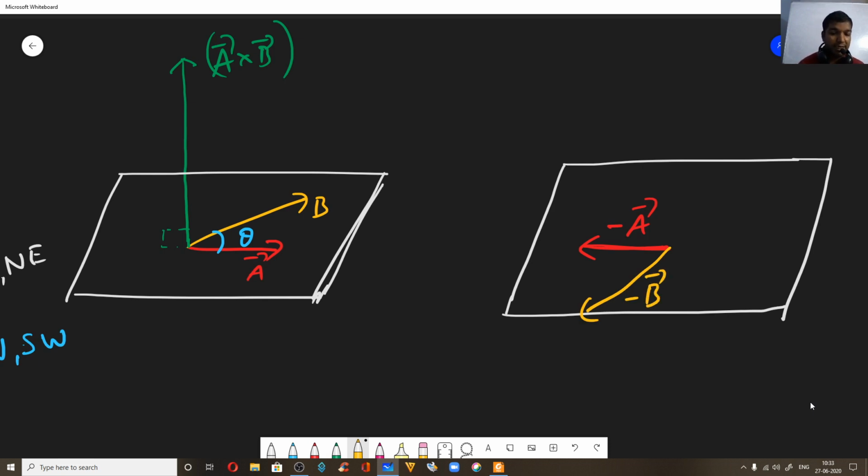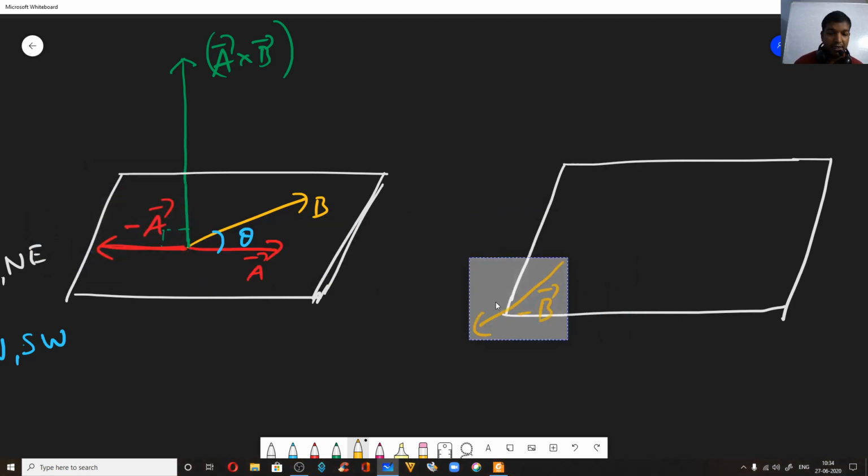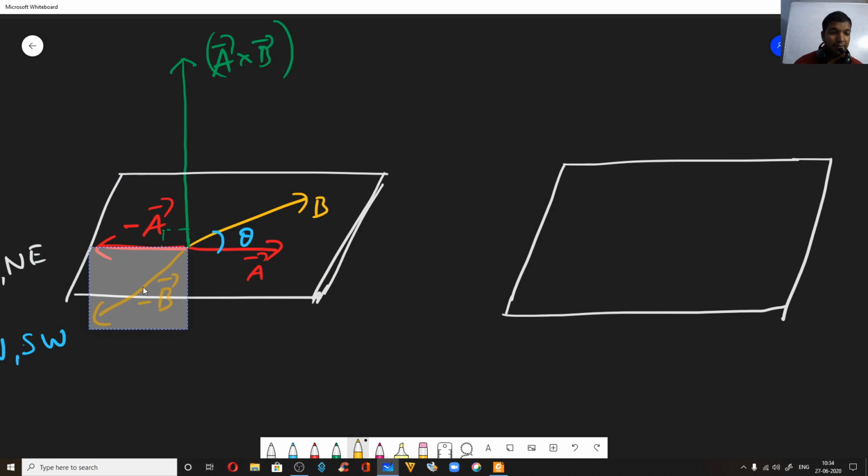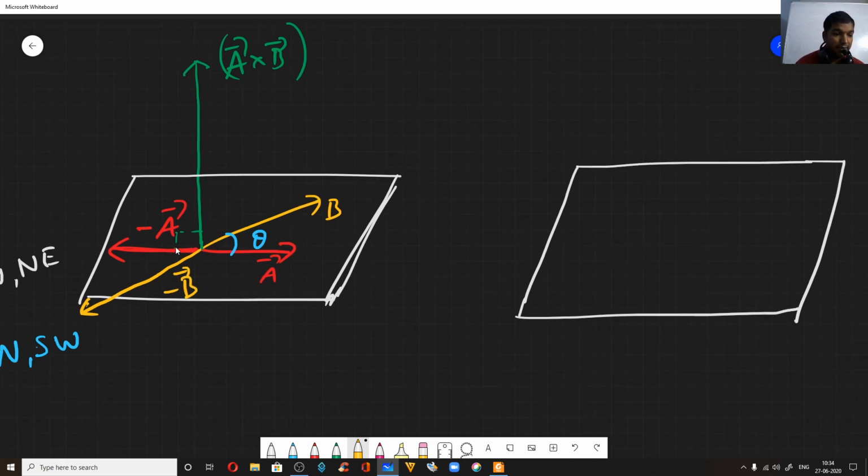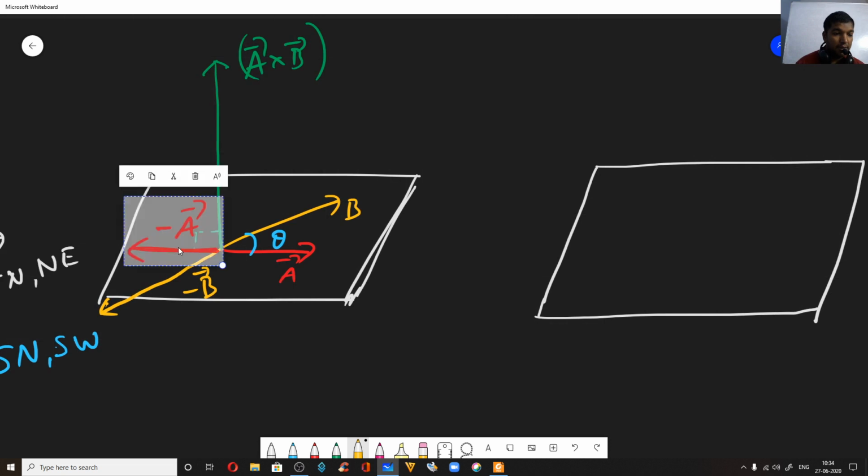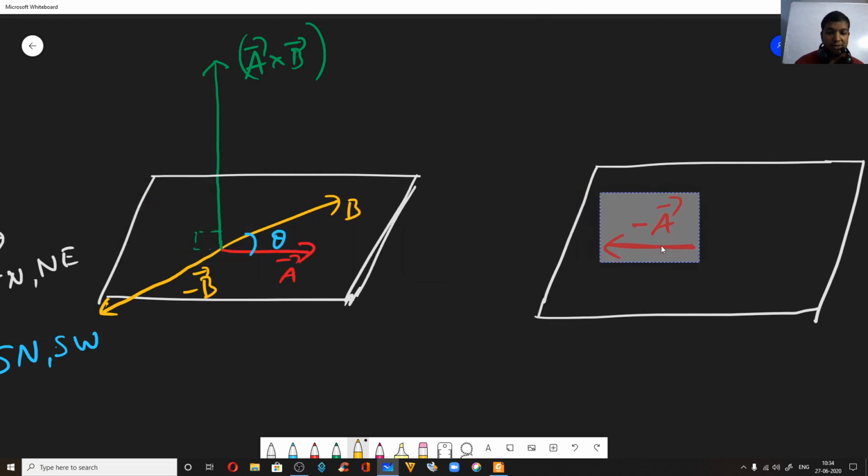Now it is just like you have taken these two from here. Negative of vector A is here already, it's just that I'm drawing a separate diagram. So this doesn't look neat. Let me write negative of vector B like this, you can call it minus B. I'm taking this negative A into a separate diagram, that's all.